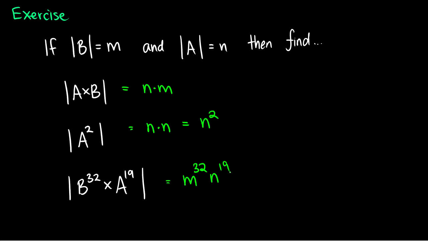So that's how big B^32 cross A^19 is. In fact, it doesn't even matter what order this is in, because A cross B and B cross A are going to have the same size. It's just the order is different. So this would be something like B cross B cross B cross dot dot dot cross B cross A all the way up to the 19th A. But even if we messed around the order, the size would still be the same.